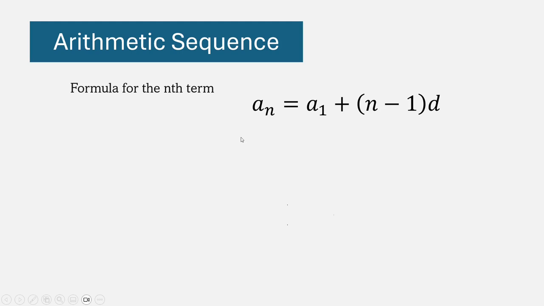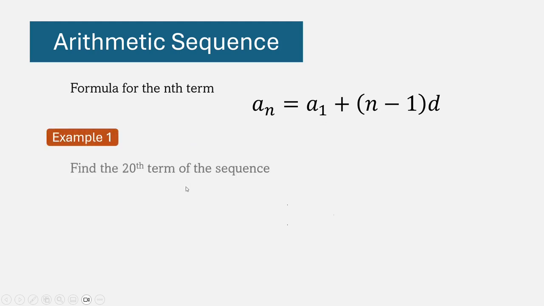So, arithmetic sequence. Let us try an example. Here's the formula. Example number 1: find the 20th term of the sequence 5, 8, 11, 14, and this one. I did this on purpose, so you just do not consider the blank.